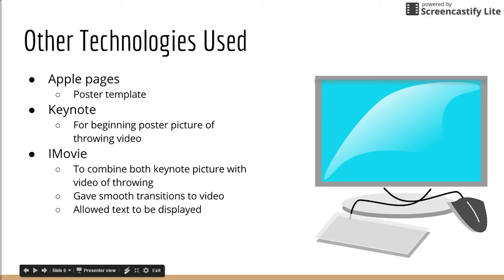Keynote was used for the beginning poster picture of the throwing video. iMovie was used to combine the Keynote picture with video of throwing, give smooth transitions throughout the video, and also allowed for text to be displayed. The Apple software products allowed for easy use in creating and editing visuals.